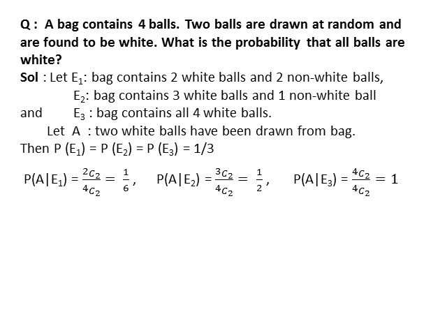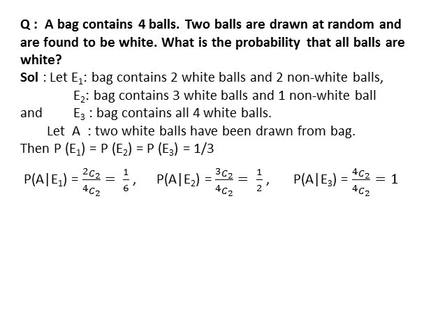This is equal to 3C2 divided by 4C2, which is equal to 1 by 2. Next, P(A given E3) equals probability that 2 balls drawn are white given that bag contains all 4 white balls equals 4C2 divided by 4C2 equals 1.